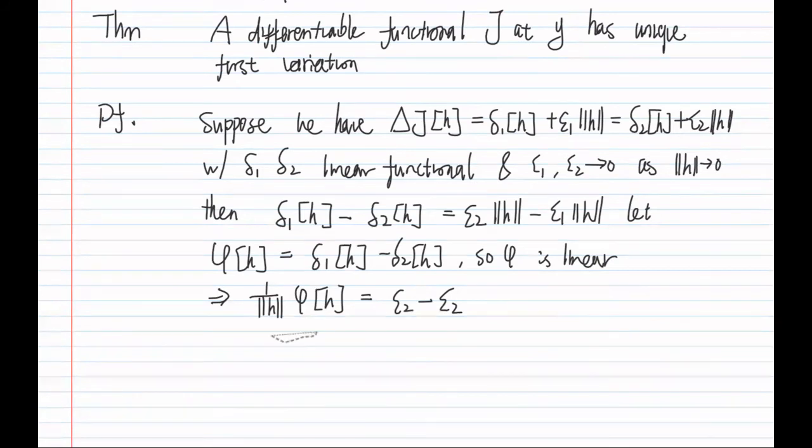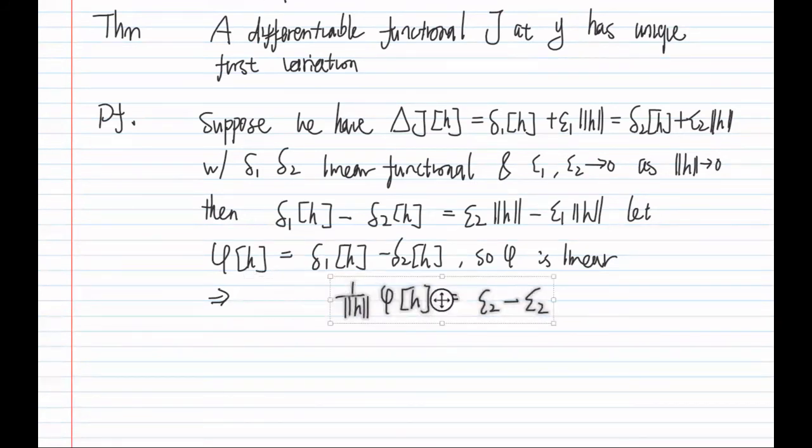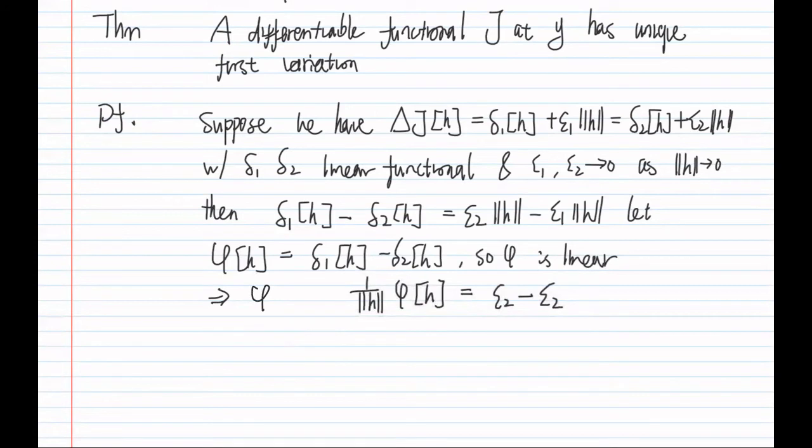So we divide h from both sides. And actually, we can observe that since this phi is linear, we can write this as phi of h divided by the norm of h, right? And this would go to 0 as the norm of h goes to 0.